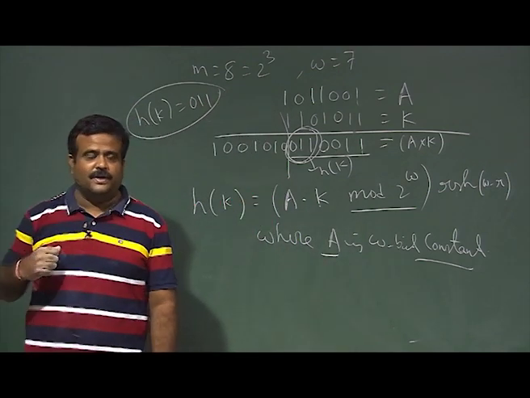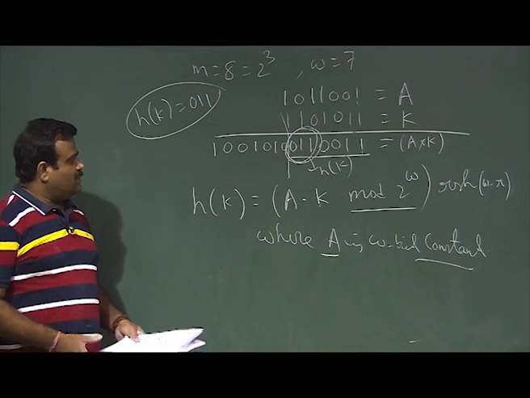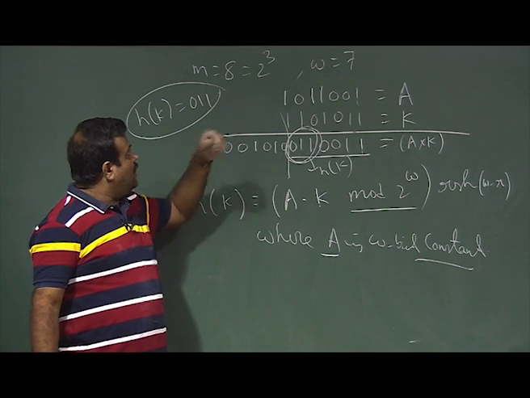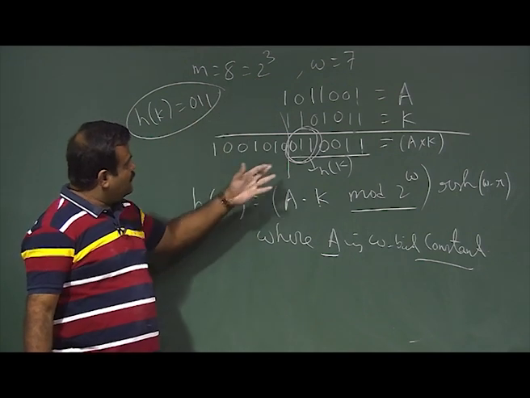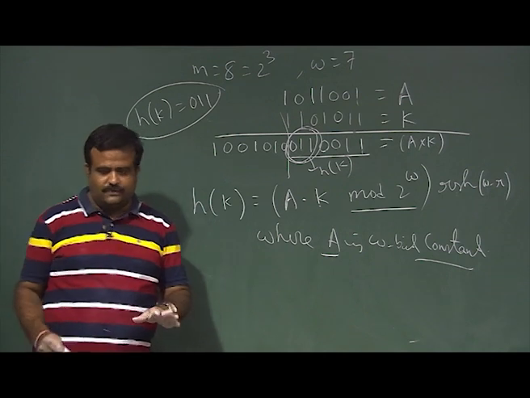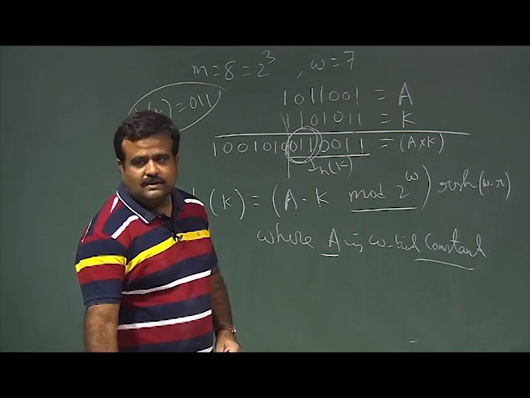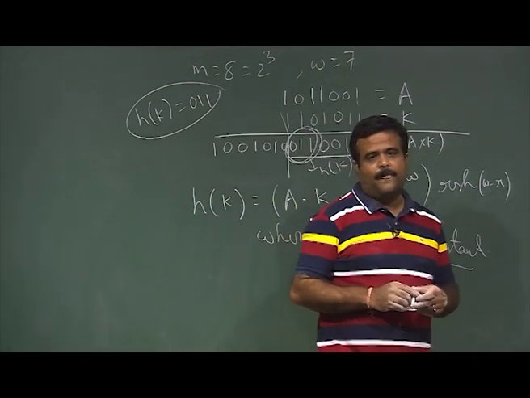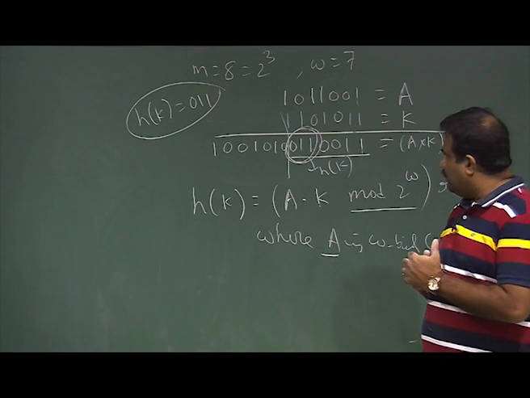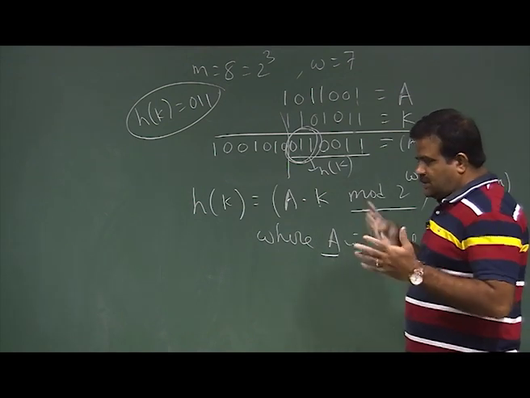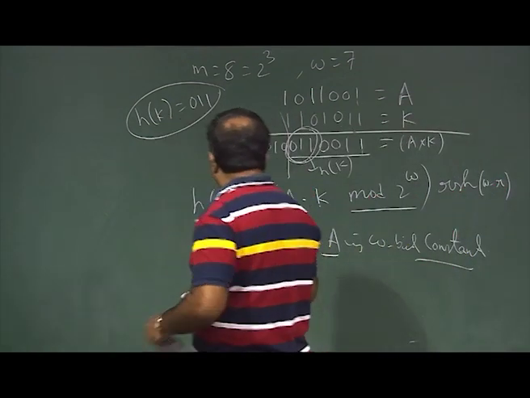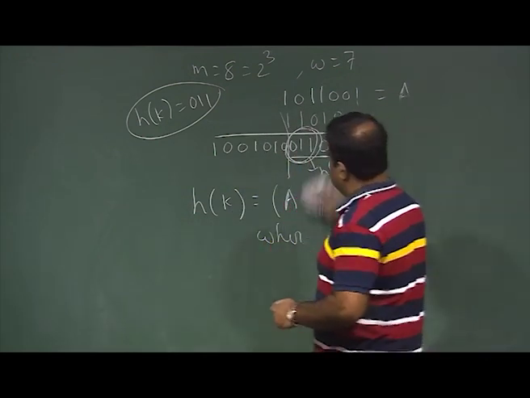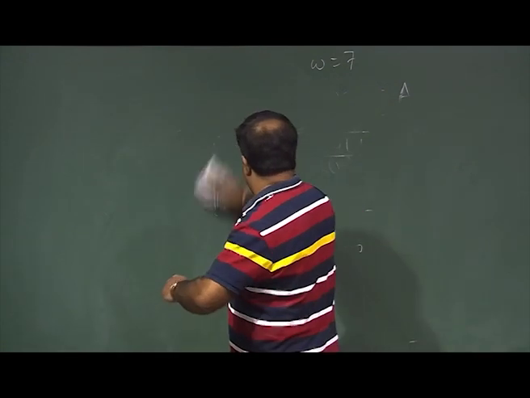This is our H of K. So, this is the multiplication method, and here we are allowed to take M to be 2 to the power R. And we have seen that this sort of distributes the keys uniformly over the slots. Okay, so one can have more examples of hash functions, but this is the way we choose the hash. We have discussed two methods, one is the division method and another one is the multiplication method.